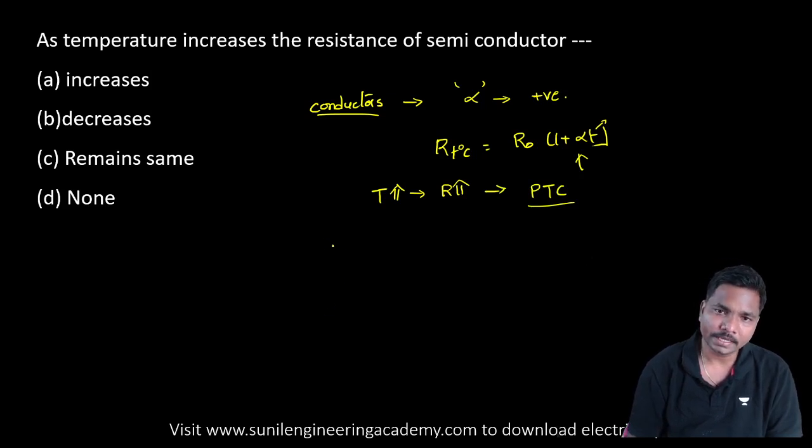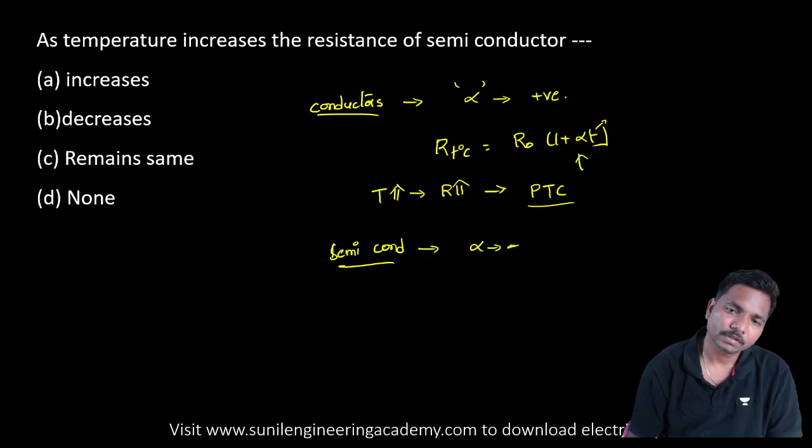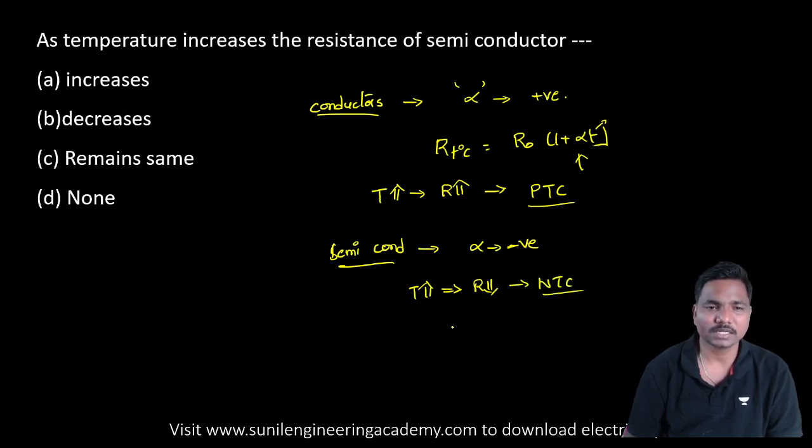In the case of insulators or semiconductors, this alpha is negative. Whenever it is negative, it means decreases. So as temperature increases, the resistance decreases. So we can say negative temperature coefficient of resistance.